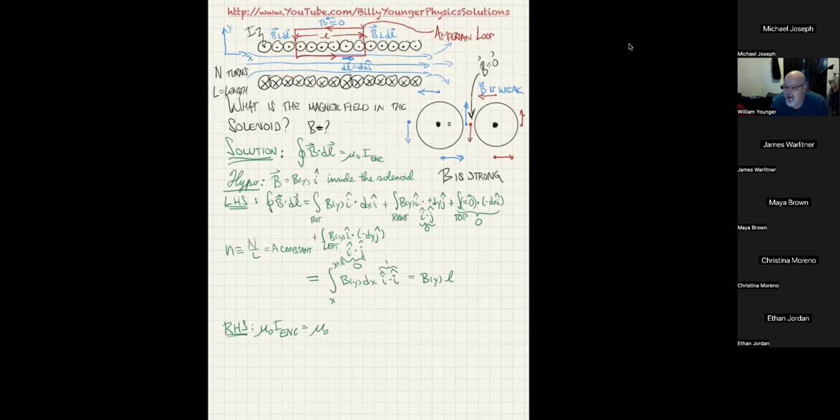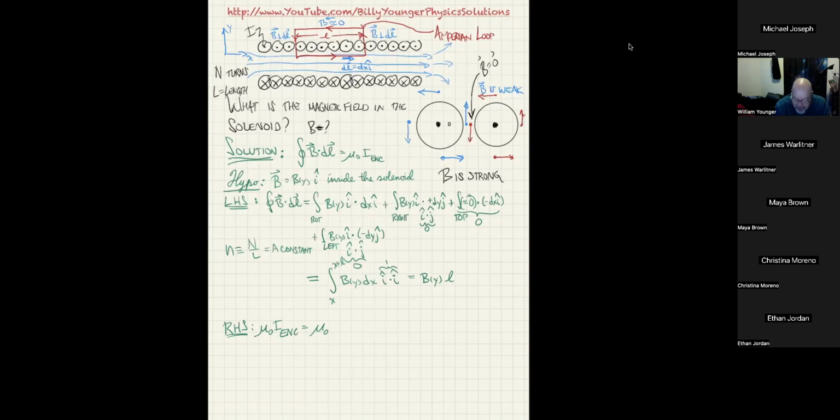And in fact, we should have half as many in a half an inch, and 4 times as many in 4 inches. So with that in mind, I know that the length of my Amperian loop was lowercase l. So if I multiply that by the little n I just defined, then that should be the number of turns that I have.